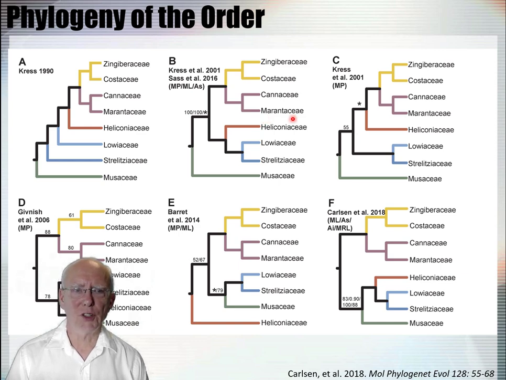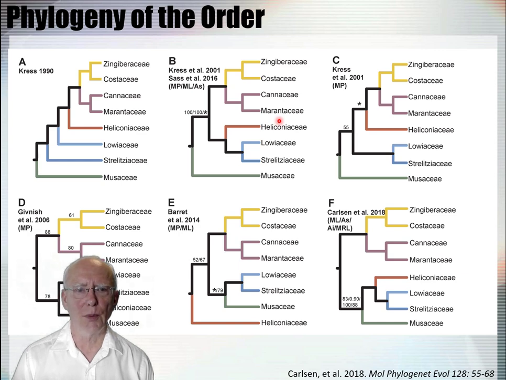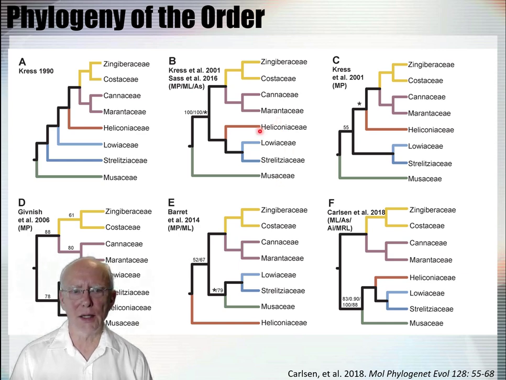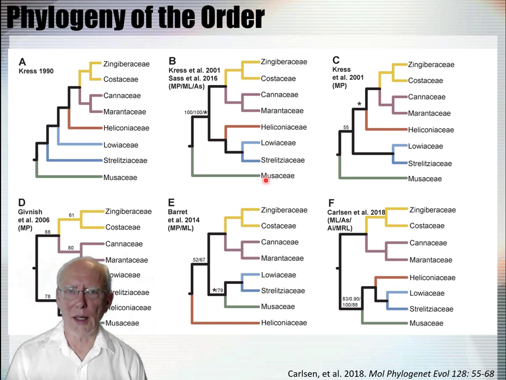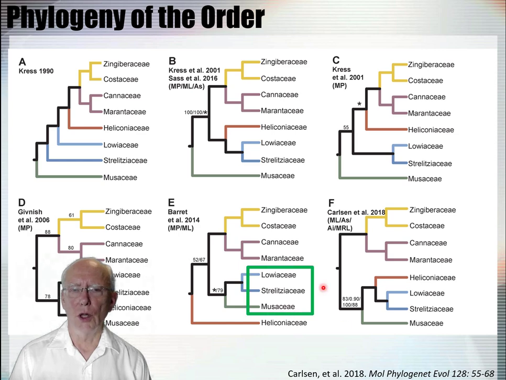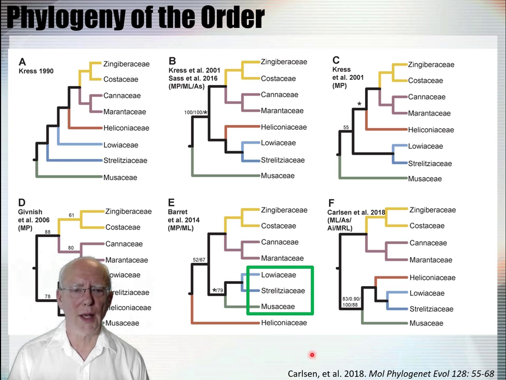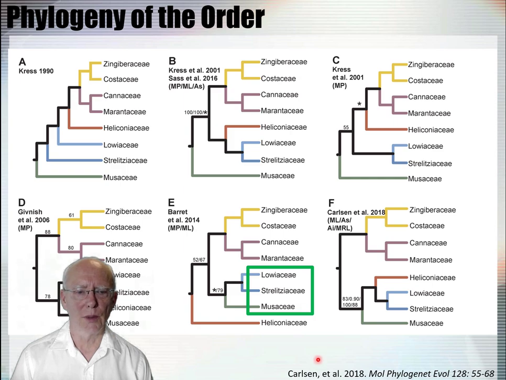But the fact that we have species within this group which do not show a delay in the formation of the third sepal, and that we have that same state occurring down here in the banana families, suggests that that could be a primitive characteristic which would unite then the Lowiaceae with the Strelitziaceae and the Musaceae by the character, a delay in the formation of the third sepal. And this is one of the very few morphological characters we have that may be useful in working out the phylogeny of the banana group.